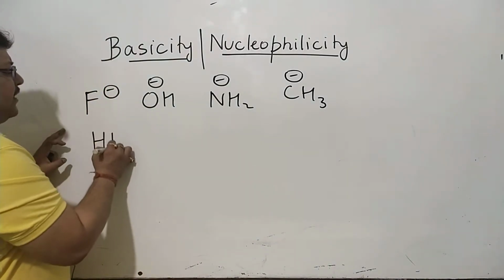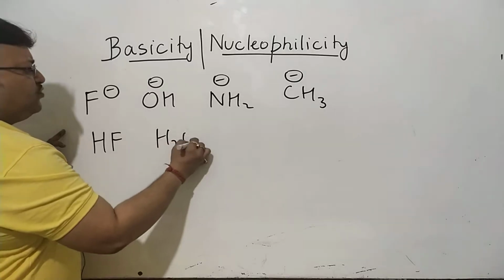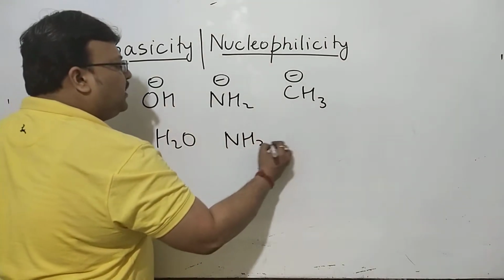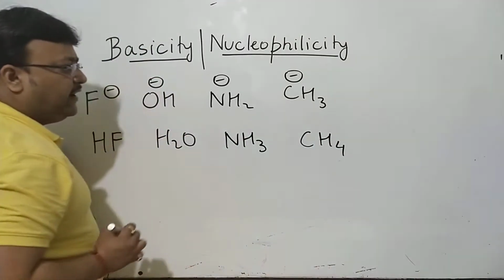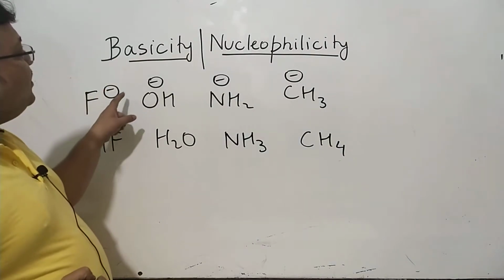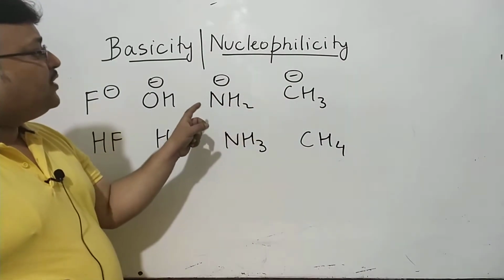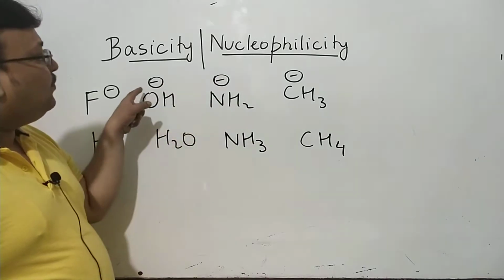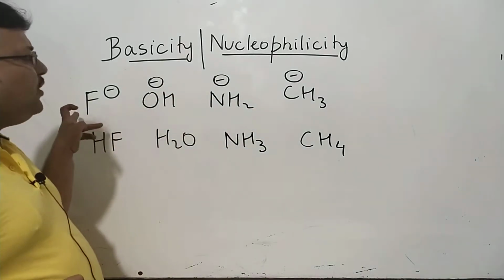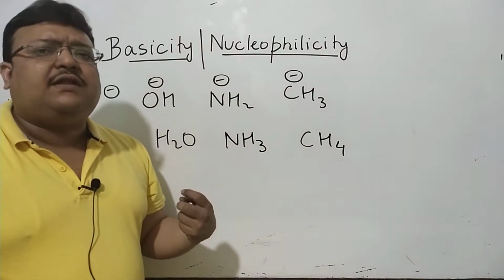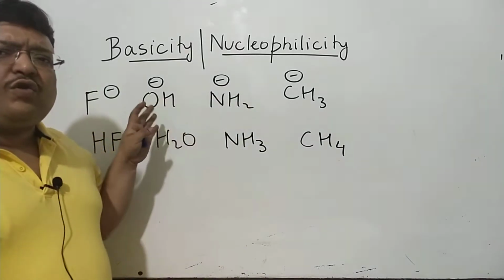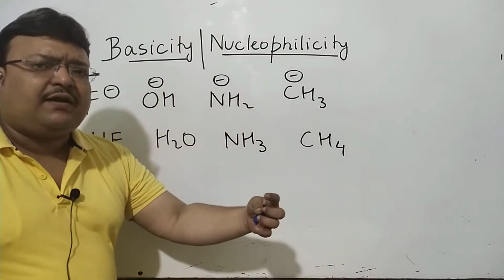Now, when I write HF, H2O, ammonia and methane, first of all, these are species where the atom bearing the lone pair, carbon, nitrogen, oxygen, fluorine, belong to the same period in the periodic table. Carbon, nitrogen, oxygen, fluorine, second period of the periodic table.